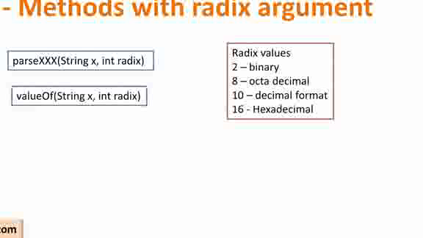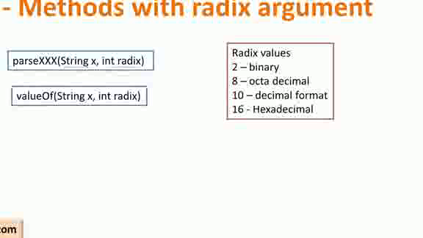This method is used when you have the data in the format of hexadecimal or octal or binary format or whatever. So when you pass a string here, you should also mention a radix stating in what number format it is.